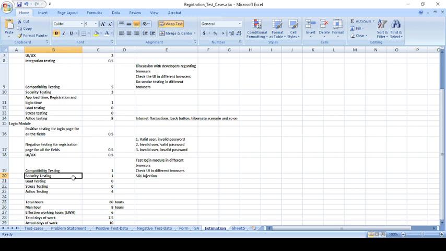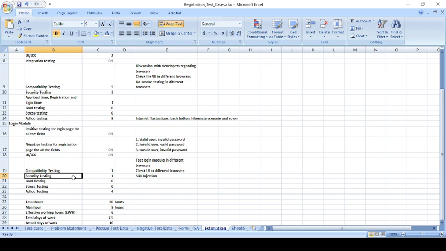The approach to provide the estimation and to write the test cases is the same. First, do the analysis and consider the time taken for analysis. Then divide the whole system into different modules or functionality.